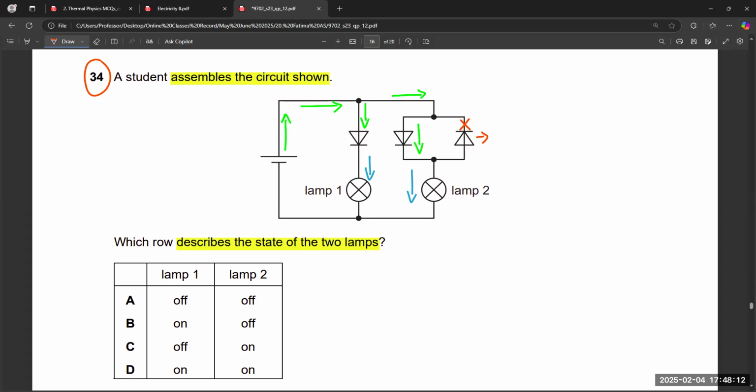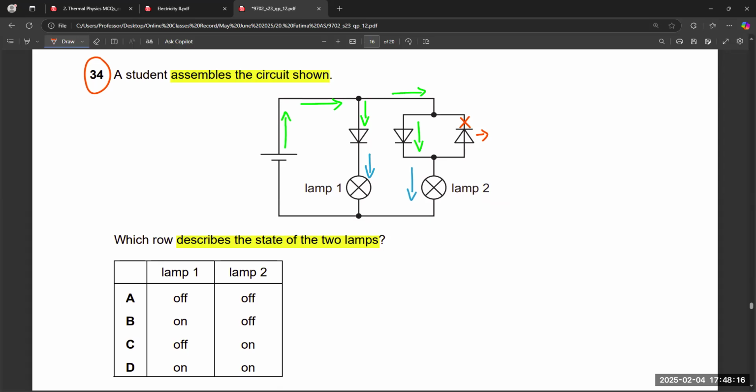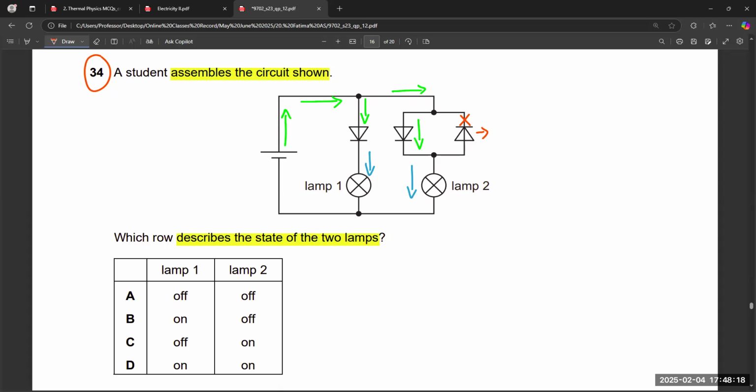The third one is not required, so this is an unnecessary diode connected in the circuit. So both will turn on, right? Because we can identify that current can easily flow from both terminals.